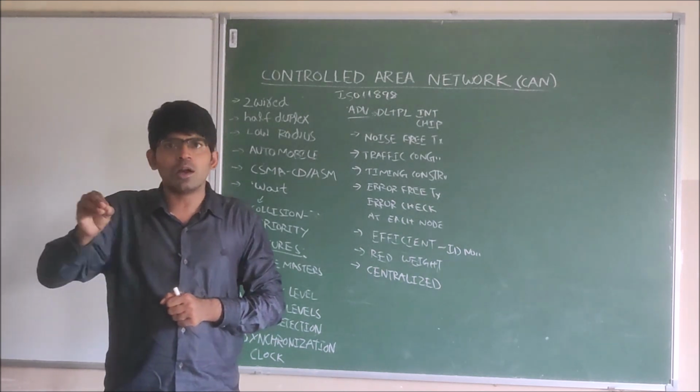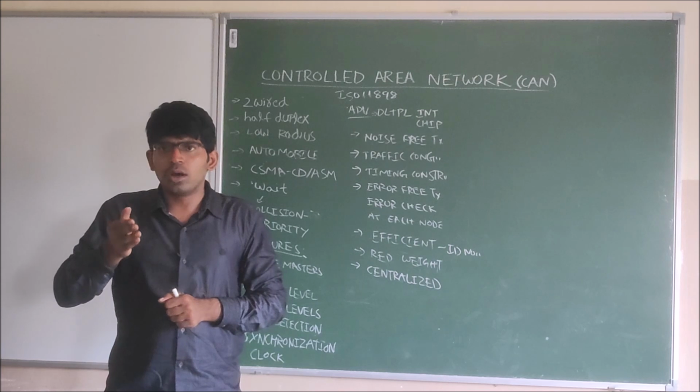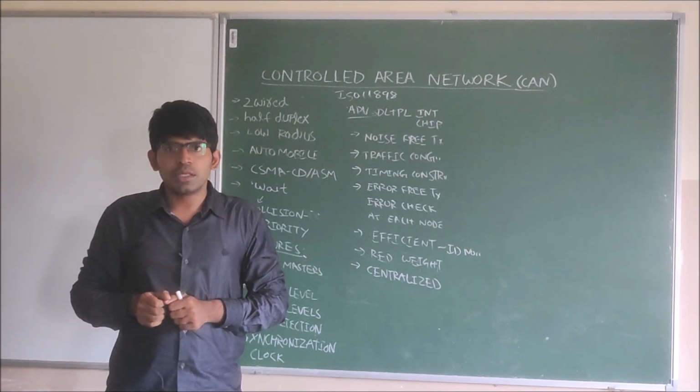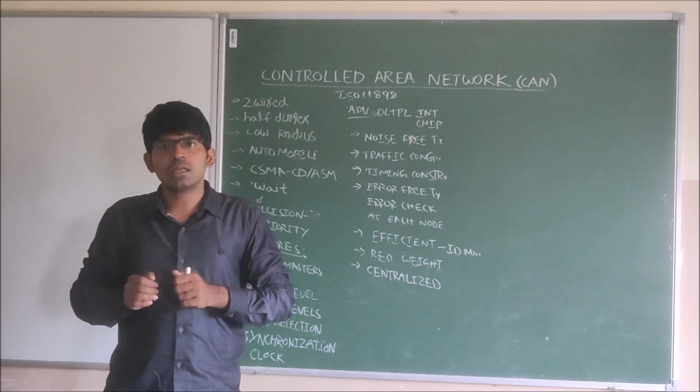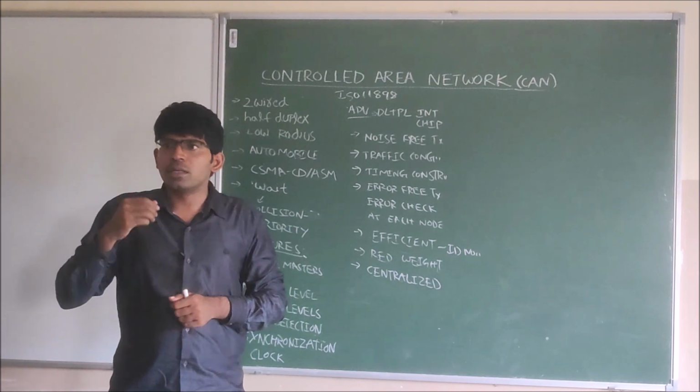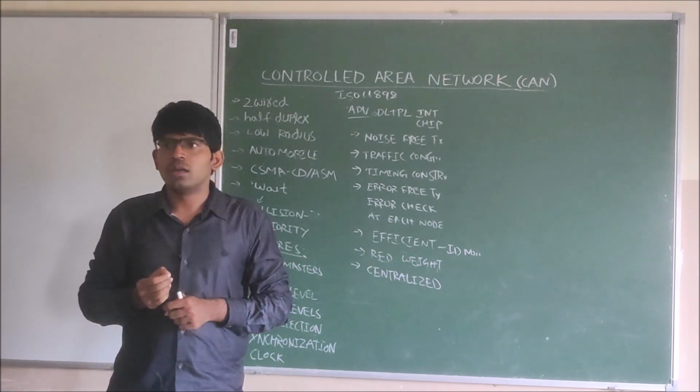Because of the moving of the automobile, as you already learnt in cellular communication, when the cell is changing, the base station is changing, so sometimes we might not get the signal.